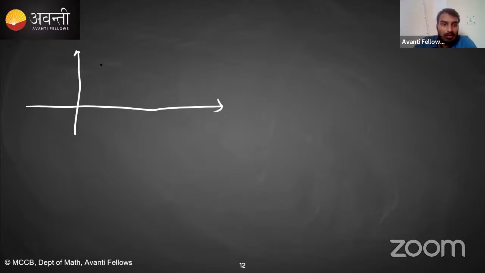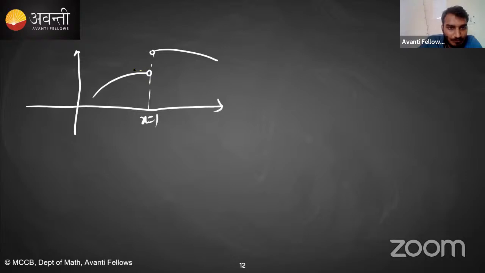So if I say, let's say this is x equal to 1, for example, and this is value 1 and this is value 2. Now students, everyone pay attention here. If we approach the function from the left hand side, the value of the function is approaching towards 1. Yes or no?